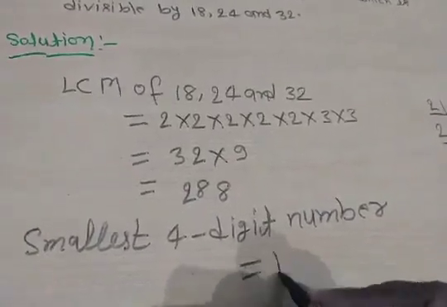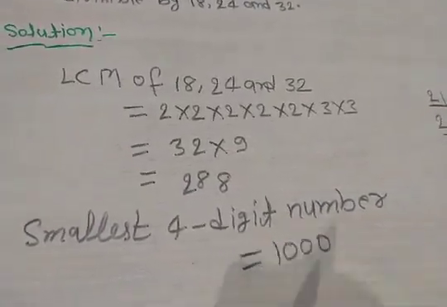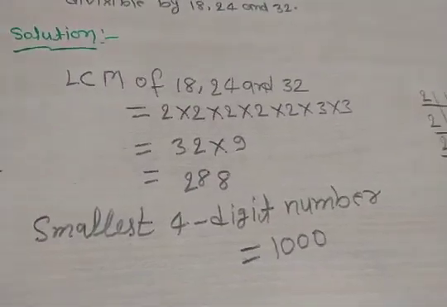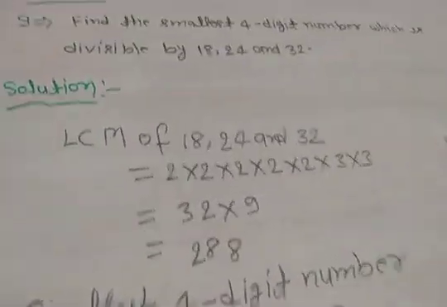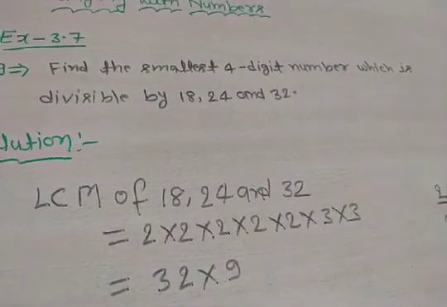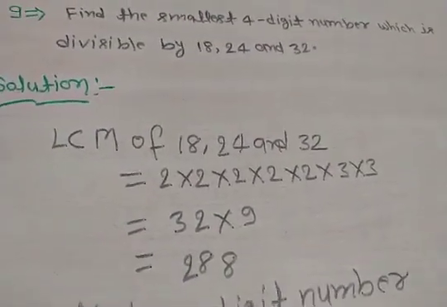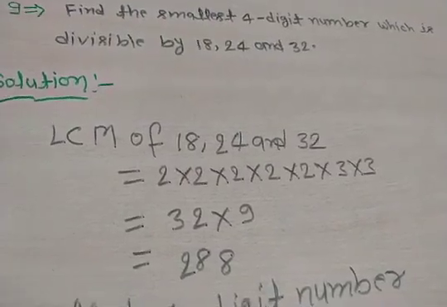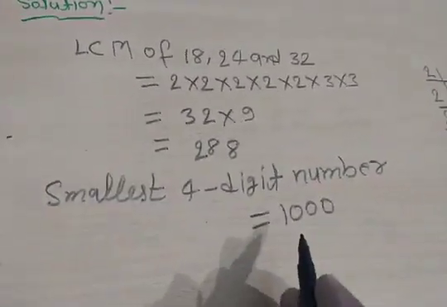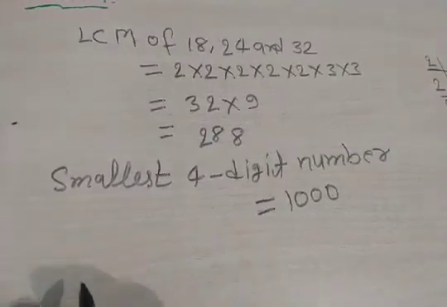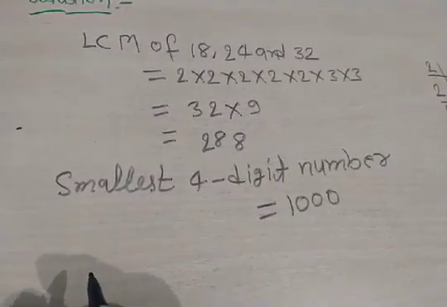Okay, all of you know very well. Now we find the smallest 4-digit number which is divisible by 18, 24 and 32. For this we find the LCM of 18, 24 and 32, and we write the smallest 4-digit number is 1000. Now we divide 1000 by 288.